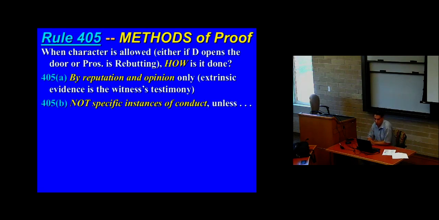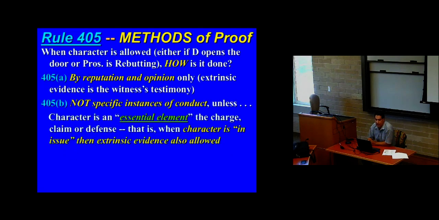So reputation or opinion. No specific instances of conduct, but there are always exceptions. Unless character is an essential element of the charge, claim, or defense. This is something that we're going to see in 405B, where there are rare circumstances where character is an essential element.